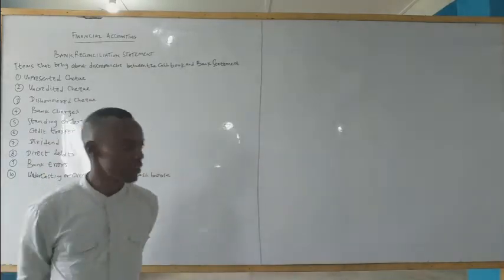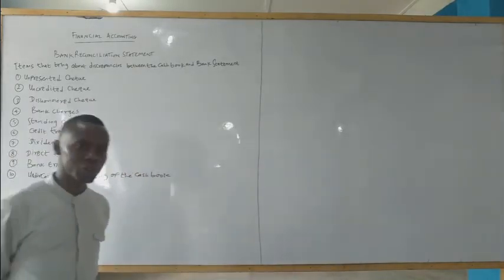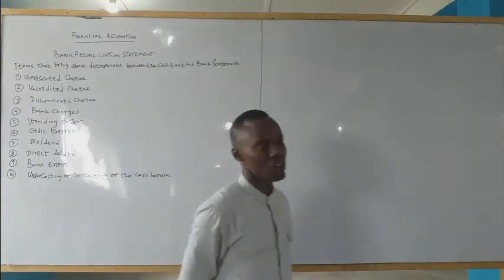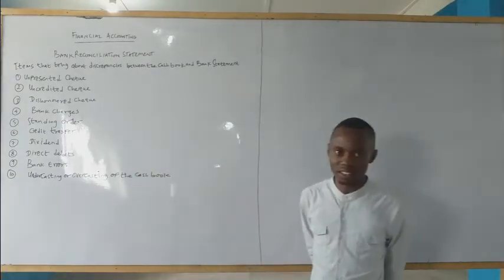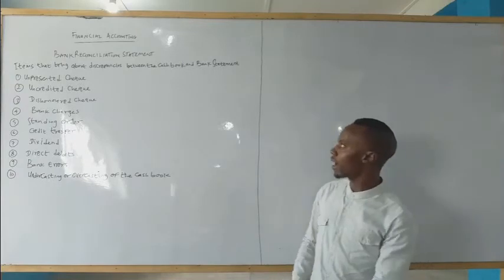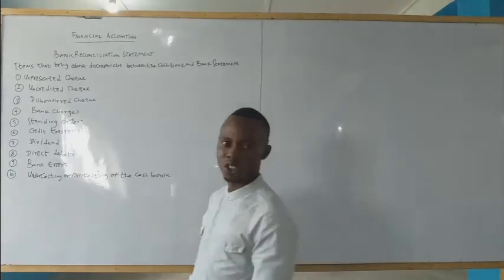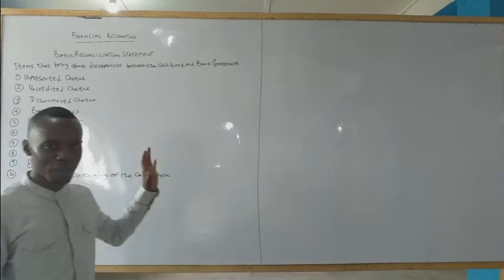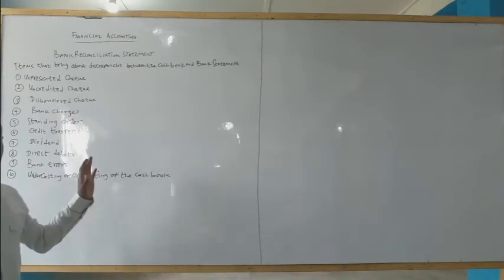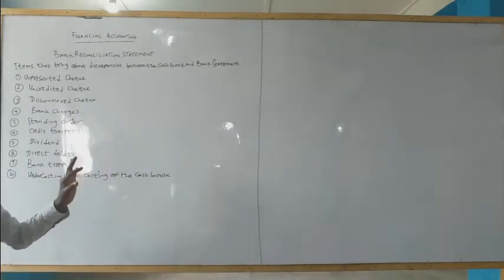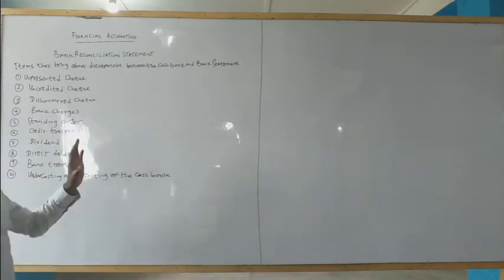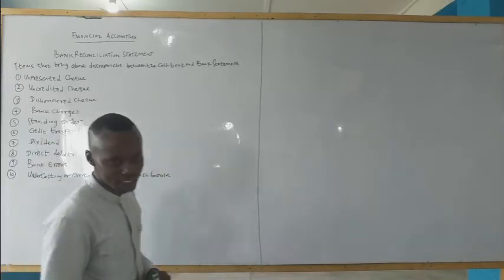We were made to know that our cash book comprises the bank column and the cash column. So under bank reconciliation statement, what we need is the bank column of our cash book. We are not concerned with the cash column. So we need our bank column and compare it with the bank statement.